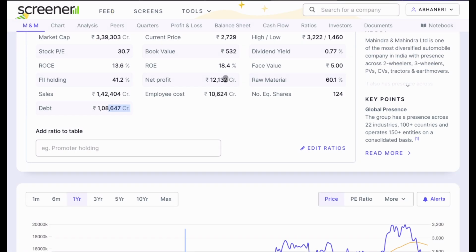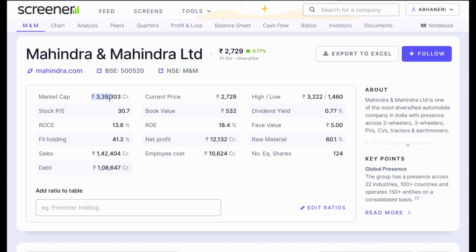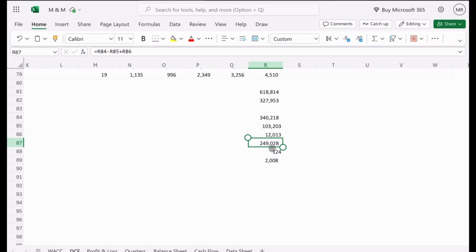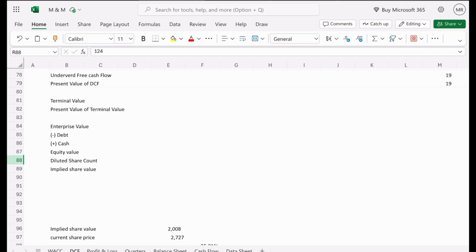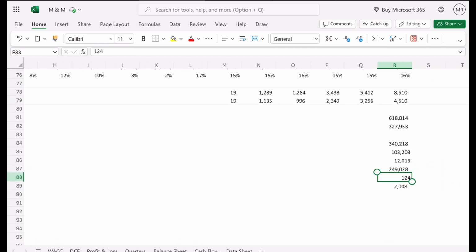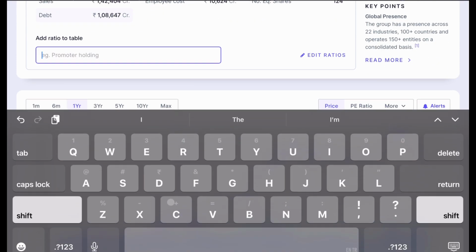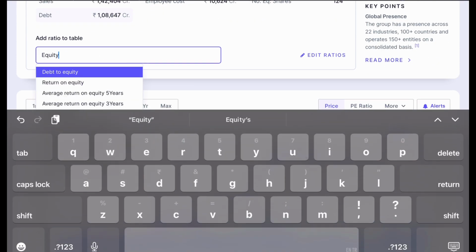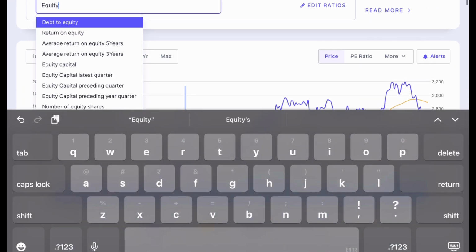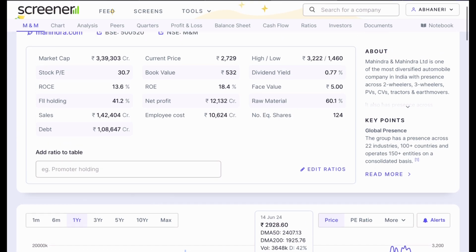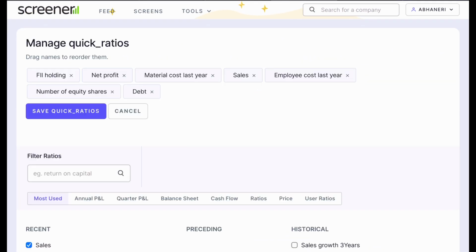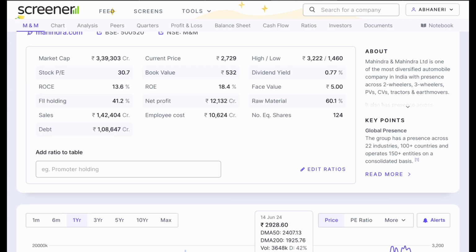You can see this is the market cap of Mahindra, and what we have calculated is this, and we divide it by the diluted share count, the number of equity shares. Okay, so the number of equity shares is 124.